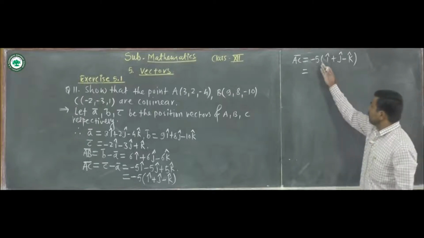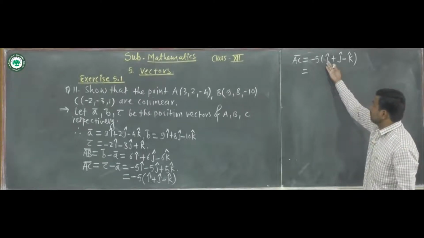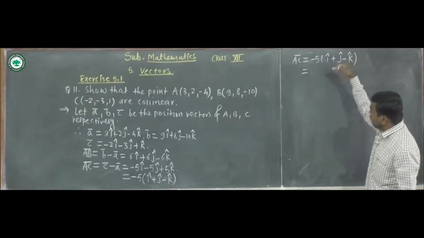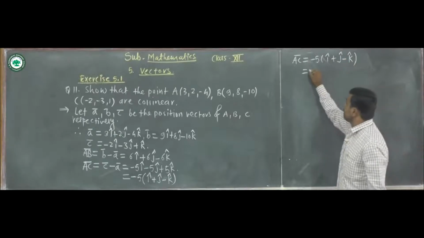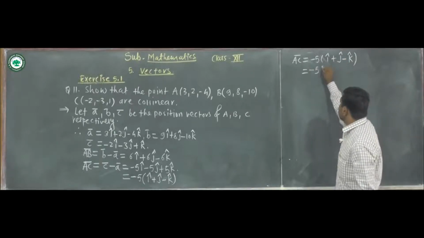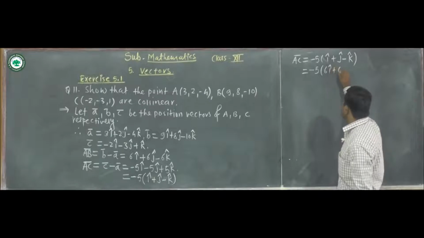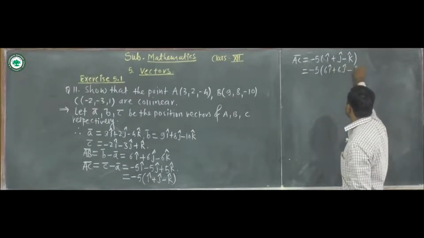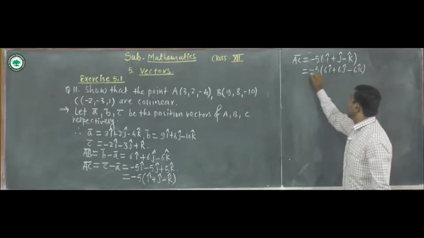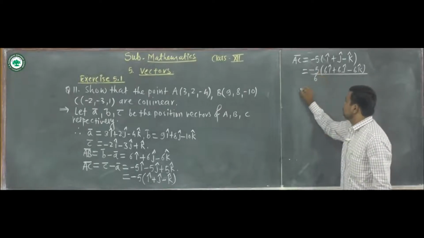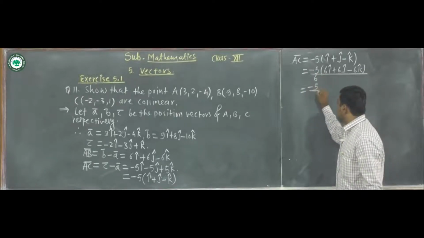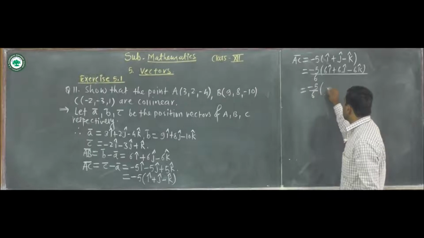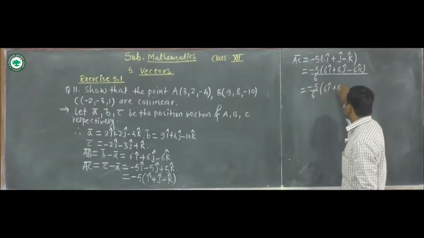So here we multiply the right hand side by 6 as well as divide it by 6. So it is minus 5 into 6 i cap plus 6 j cap minus 6 k cap divided by 6. So it is equal to minus 5 by 6 into 6 i cap plus 6 j cap minus 6 k cap.